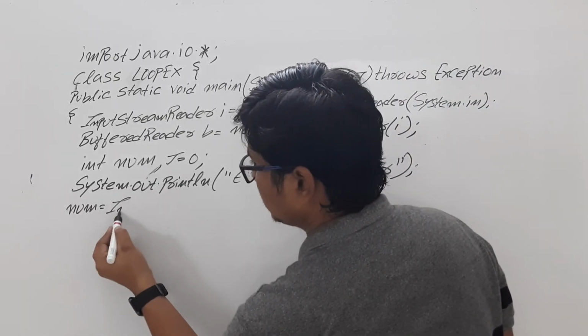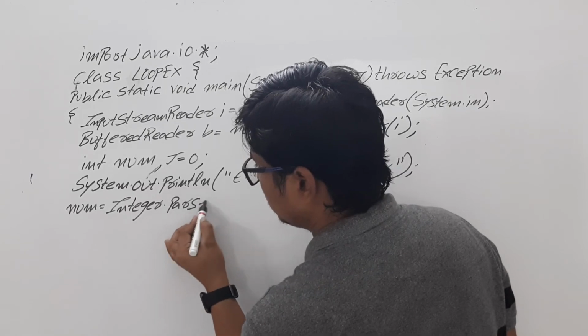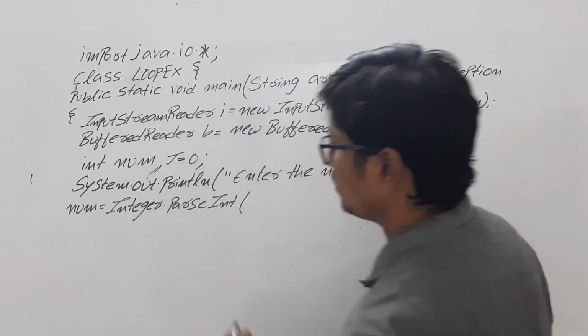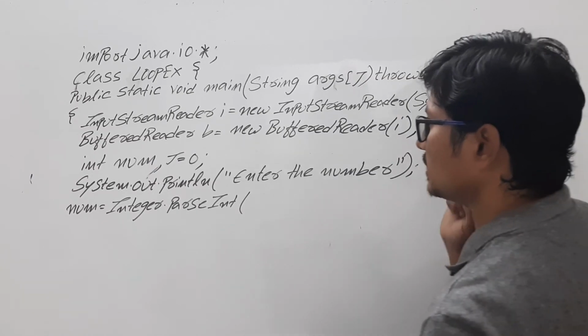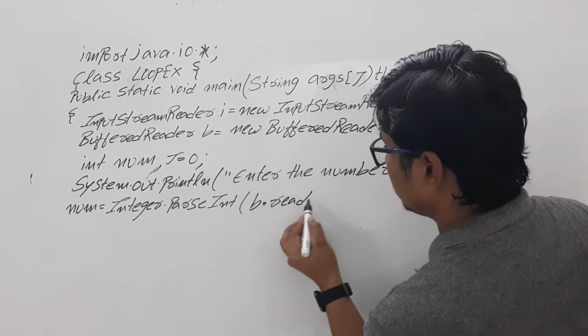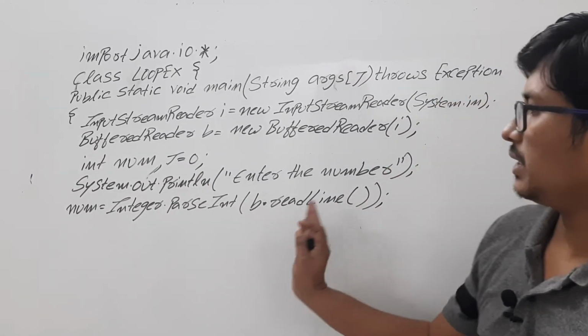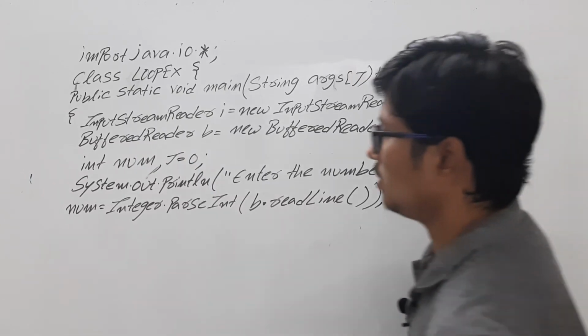I will write Integer.parseInt, where the I and I should be capital letters, b.readLine method. Now whatever the user has entered is there in the variable called num.